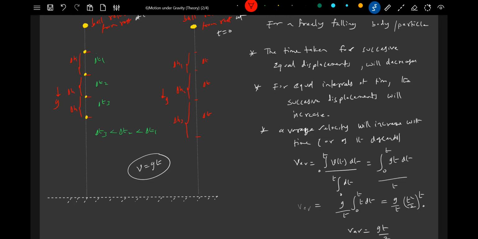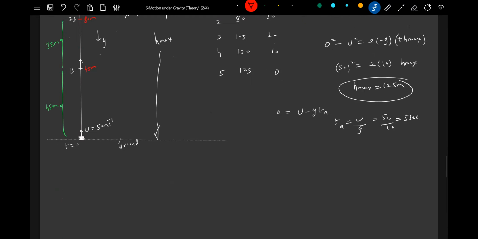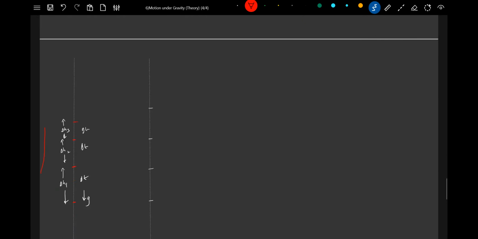For vertically projected motion, for equal intervals, what will be the height ascended?